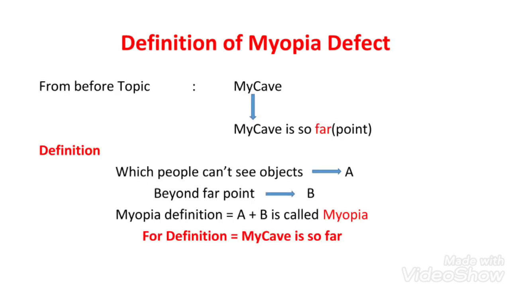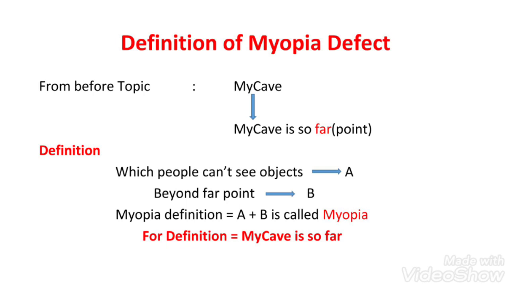Next topic, definition of myopia defect. If you want to learn the definition of myopia defect, from the before topic you learned the word for myopia is my cave. My cave is so far.